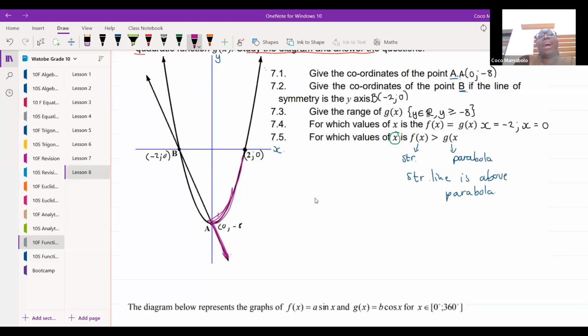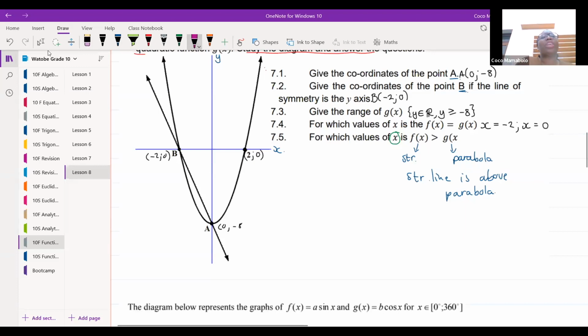It's the parabola. Kahalelo, look at it. The parabola is above the straight line graph. Give me a thumbs up if this makes sense. Cool. Now we're on the same page.